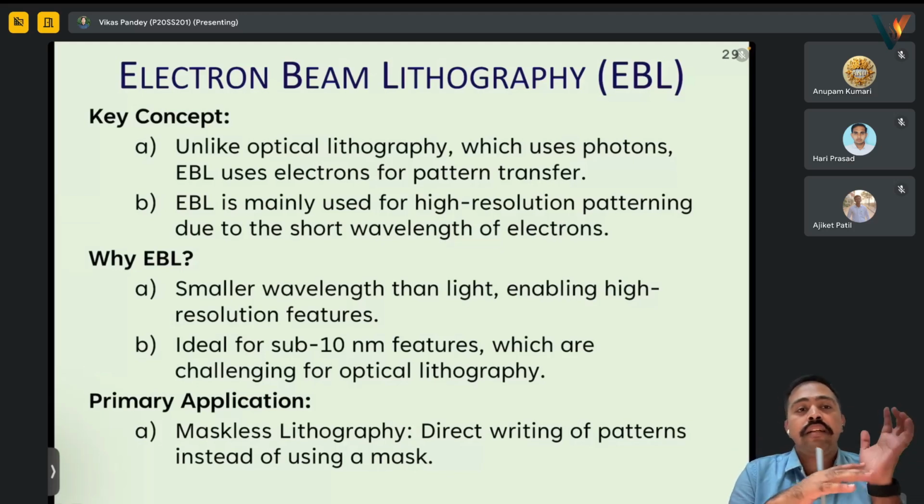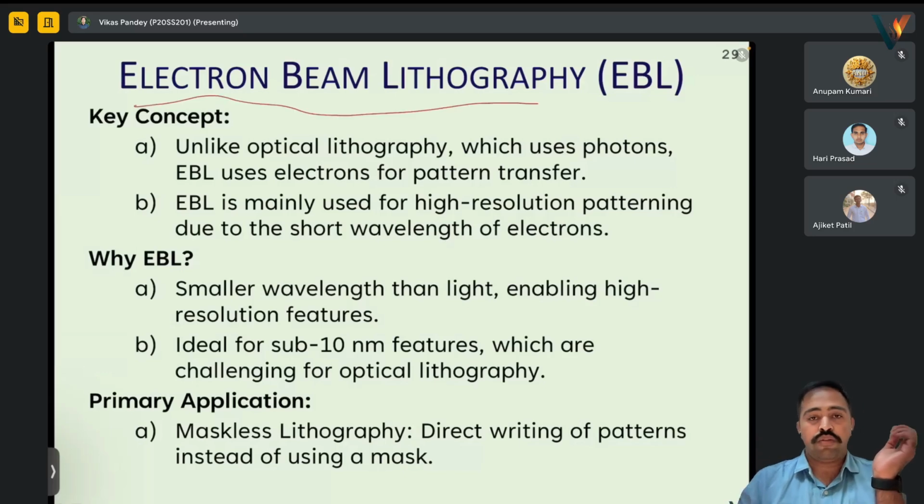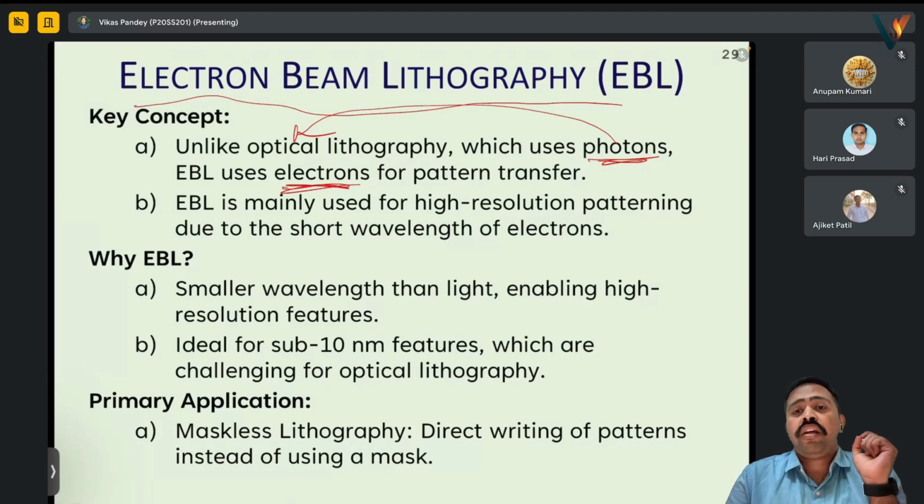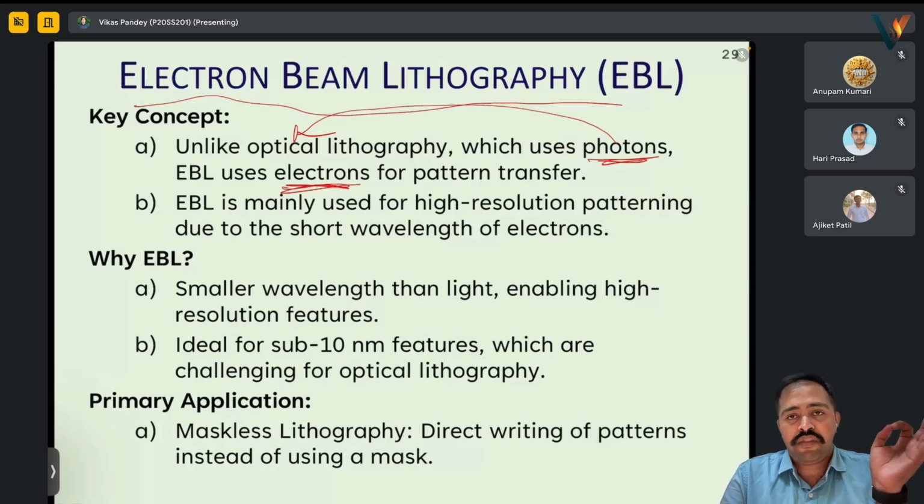And that brings us to electron beam lithography, which uses electrons, like in optical lithography we are using photons. This is not a common method, and you should not go for it if you are making bigger patterns. Like in the case I showed you, the patterns were visible with naked eyes. We don't need electron beam lithography for such cases.